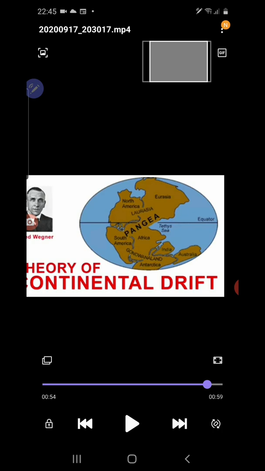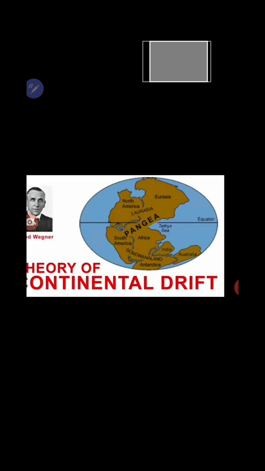Even now all the 7 continents keep moving, but you cannot feel that movement. Only a few millimeters of movement is taking place, so you cannot experience it. But these continents are moving.